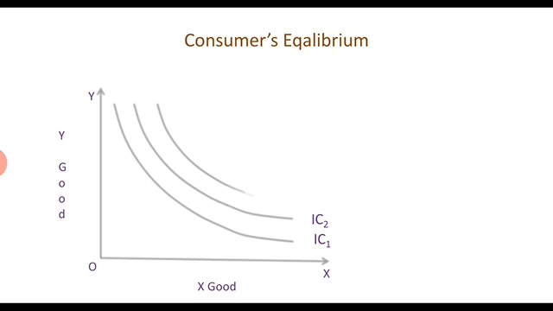In this diagram, IC1, IC2, IC3 are indifference curves. AB is the budget line. The AB budget line and the IC2 indifference curve are tangent at point E. The consumer is in equilibrium at point E. At the equilibrium point he gets OM of X good and ON of Y good.